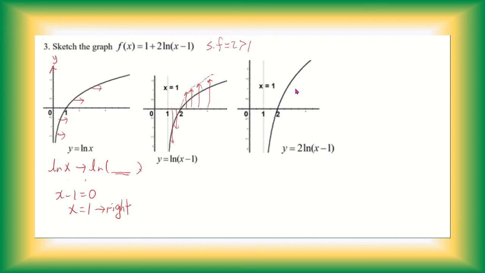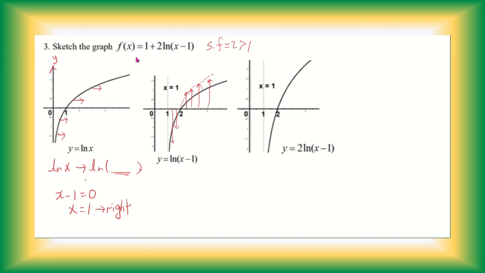We can see the shape of the new curve is further from the center, the x-axis, and the enlargement does not give effects on the vertical asymptote. Now after the enlargement, we need to carry out the translation. Since there is a positive 1 here, the translation is going up.